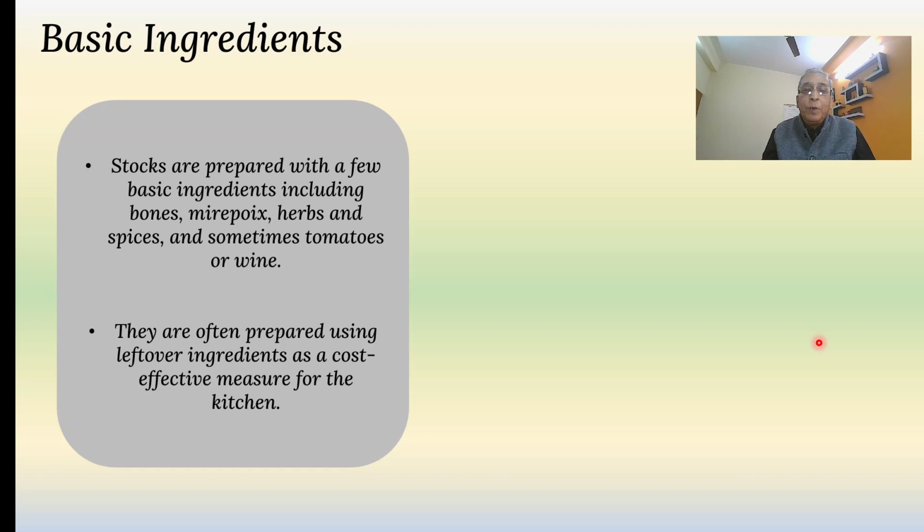They are often prepared using leftover ingredients as a cost-effective measure for the kitchen. Remember, we don't need to purchase ingredients for making a stock. Rather, in your kitchen you have plenty of raw materials available. Out of that, you use the leftovers and prepare the stock. So this is very cost effective.